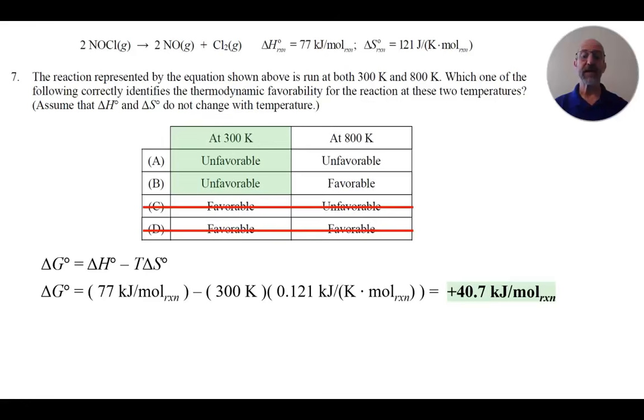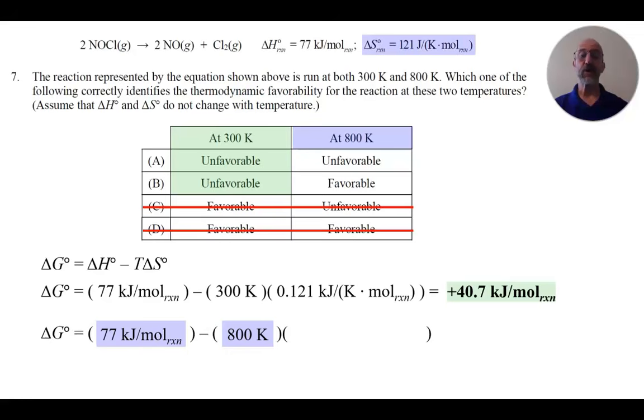Now, let's plug in 800 Kelvin into this equation. So I still have 77 kilojoules per mole of reaction for my delta H. Now I have 800 Kelvin. And remember that in order to get the units to match, I will not be using 121, I will be using 0.121 so I can get units of kilojoules per Kelvin mole of reaction.